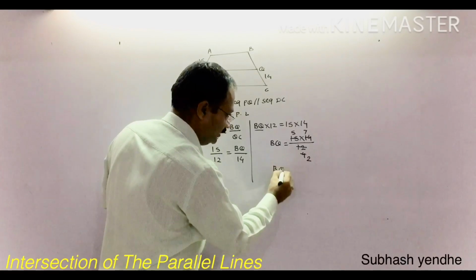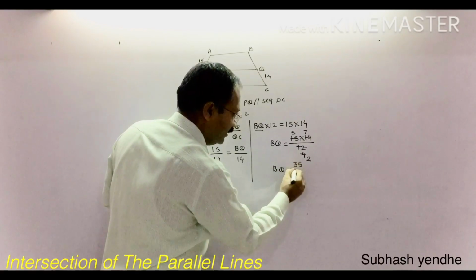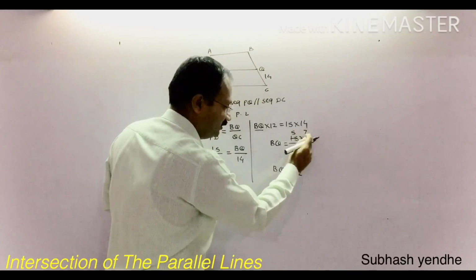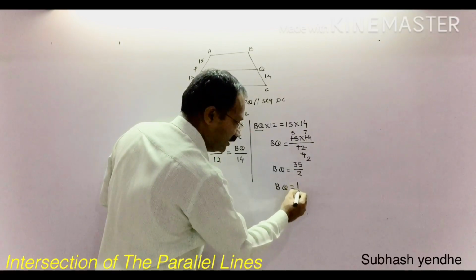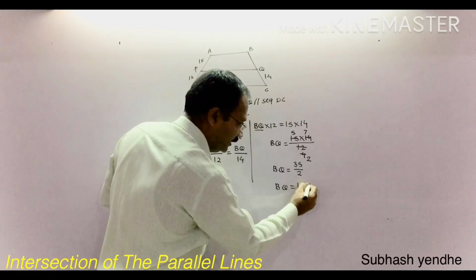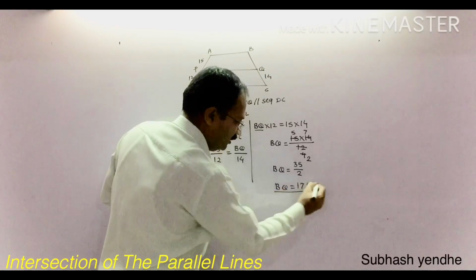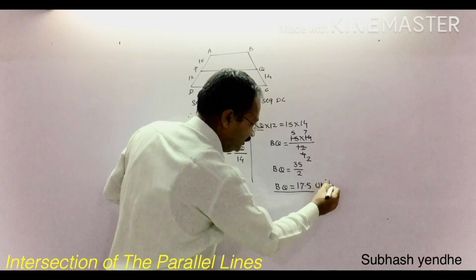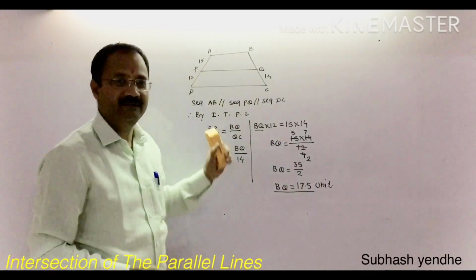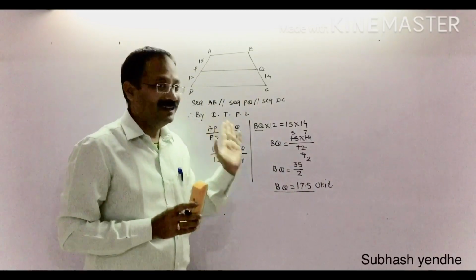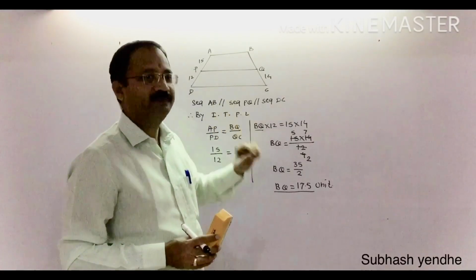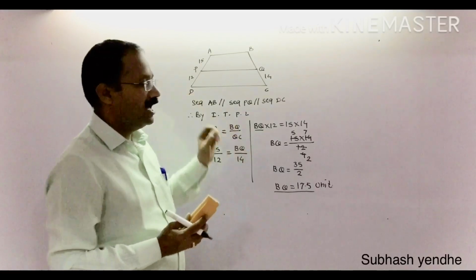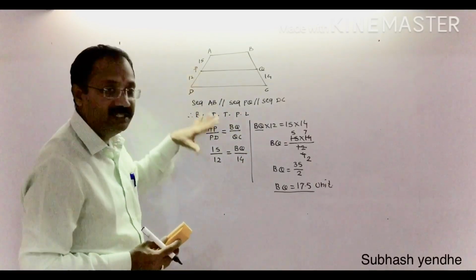So your answer is 35 upon 2. 7 fives are 35 upon 2. So therefore 2 ones are 2, 2 sevens are 14, and 2 fives are 10. So your answer is 17.5 units.